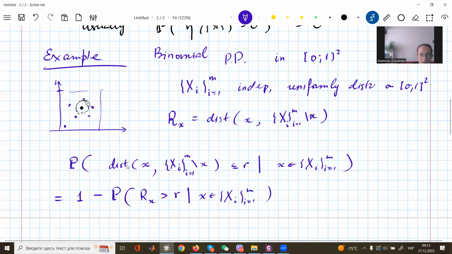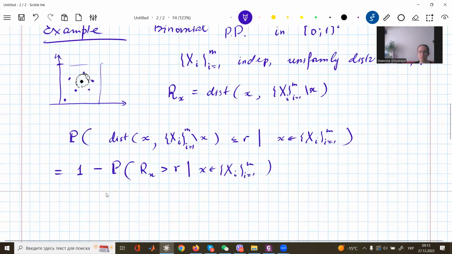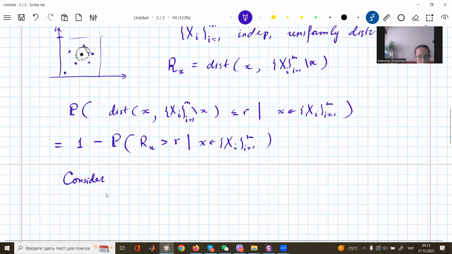Let us start with the probability. I can fix one of the points and consider first the event that x is equal to x1, for example.